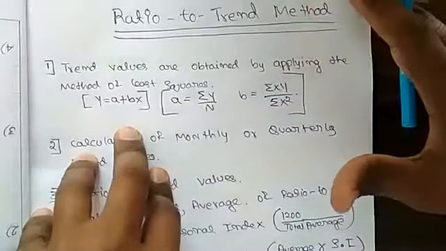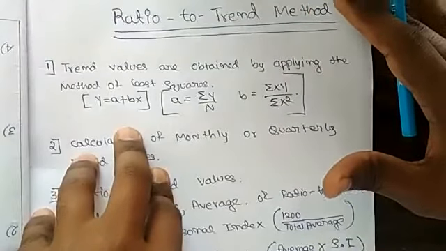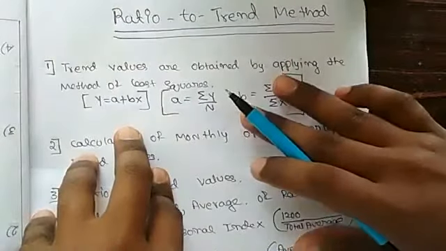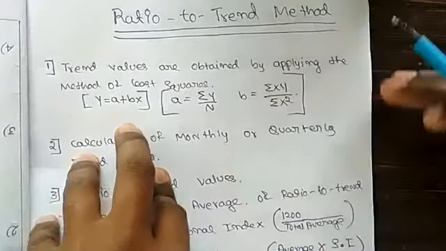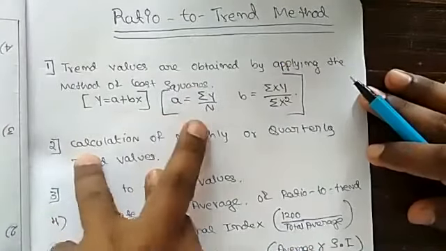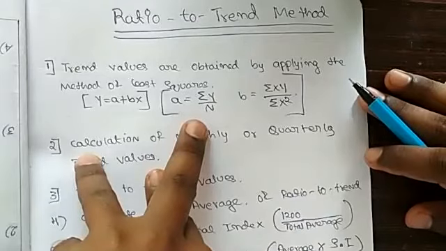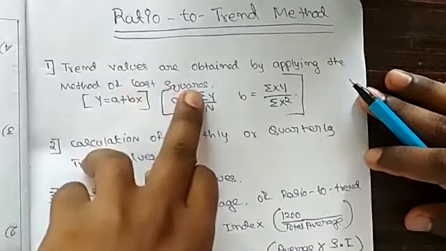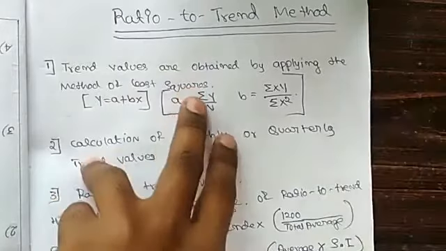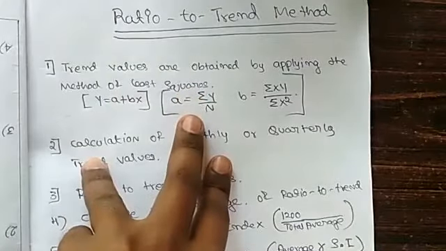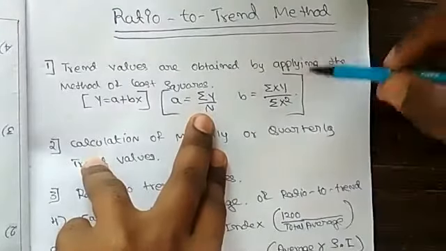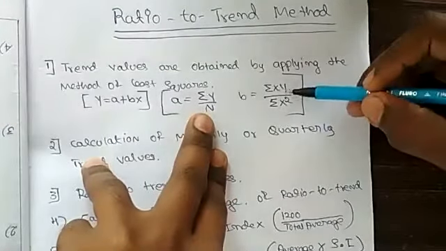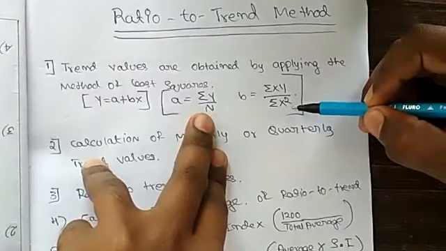Follow the same steps to find the trend value as you followed in the least square method. The first step under the ratio to trend method is to calculate the trend values for the given data by using the least square method. You know the steps under the least square method: find the sum of y, then sum of xy, which is all table work, then sum of x square.